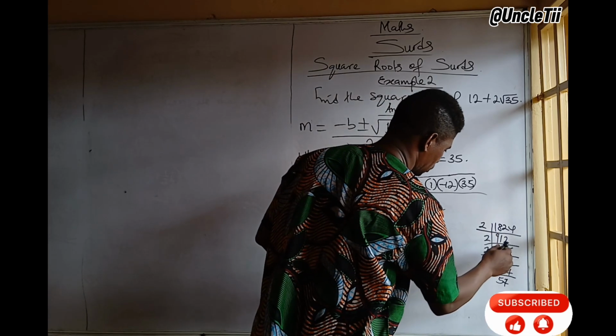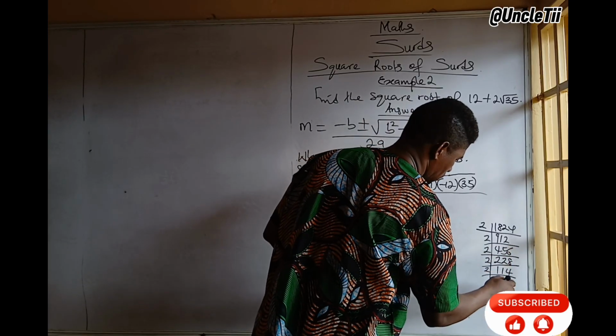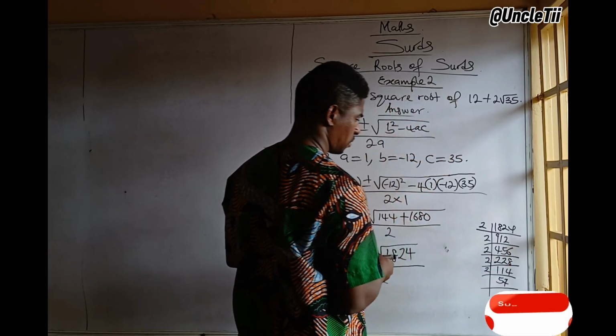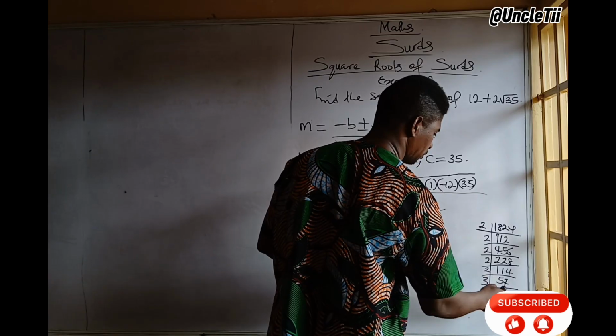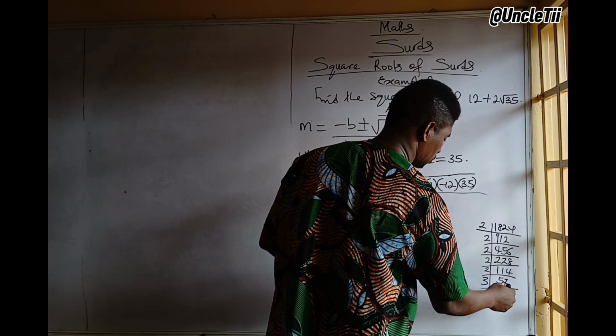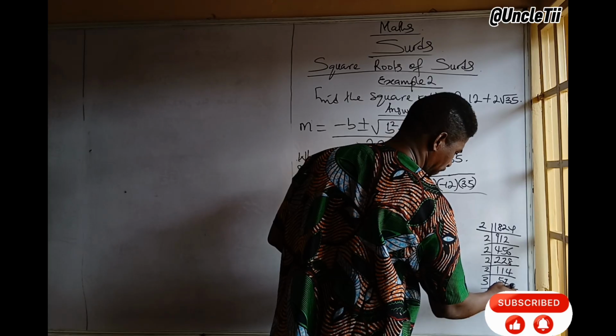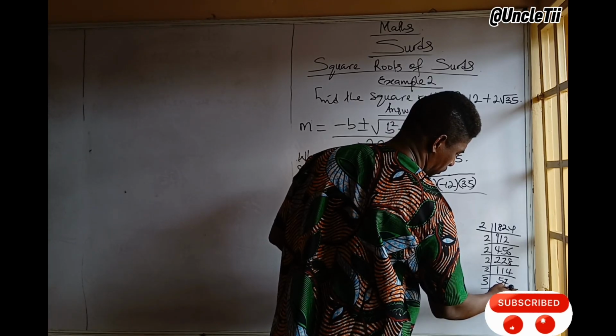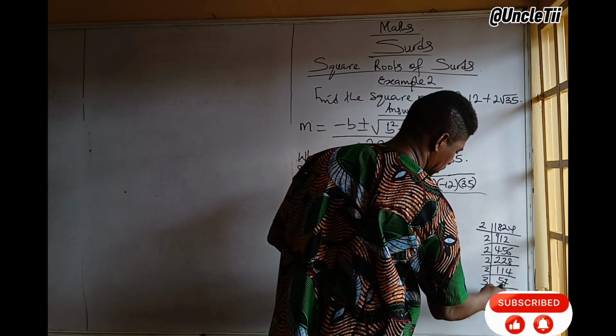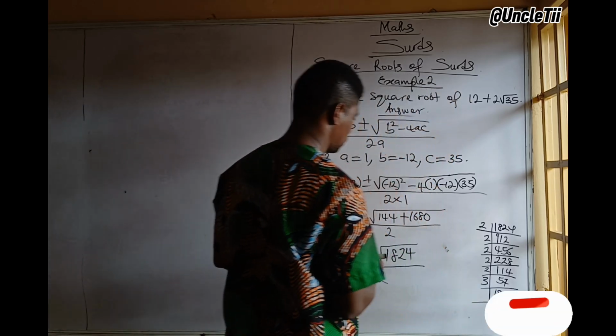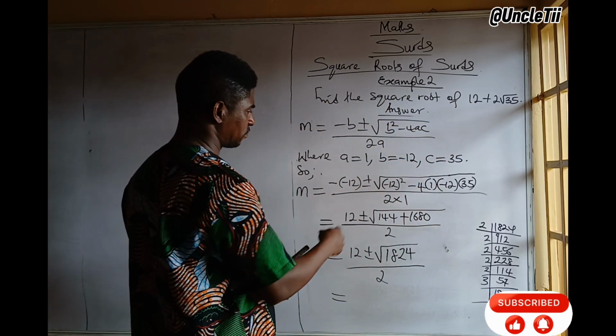Okay, 1, 2, 3 can go. 1 remainder 2 into 2 is 3 into 27 is 19. We've got to look at it again.